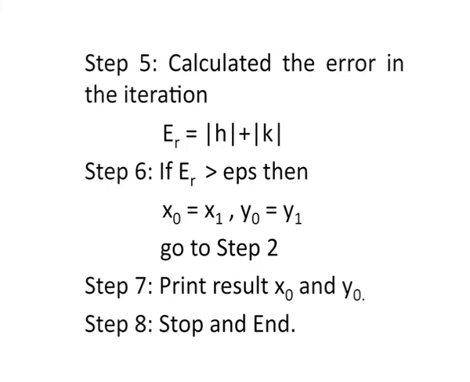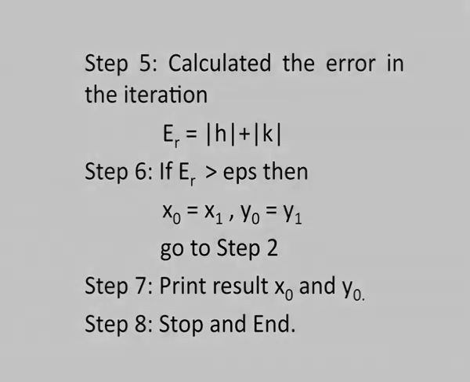If the error becomes less than epsilon, then we stop the iterative procedure and write the roots as x0 and y0, and this is how we are able to solve a system of simultaneous equations.